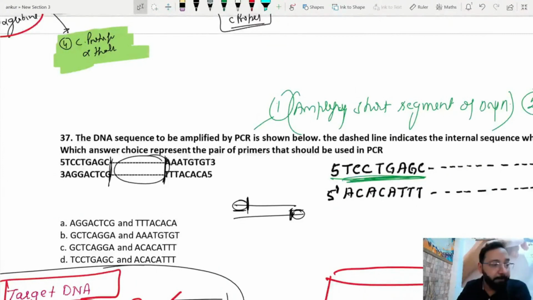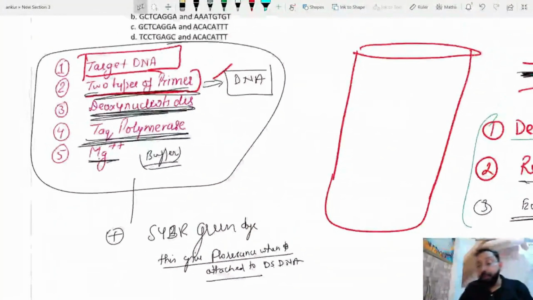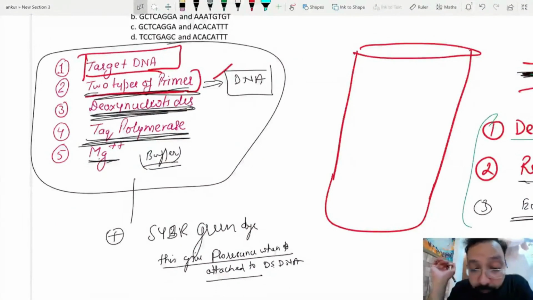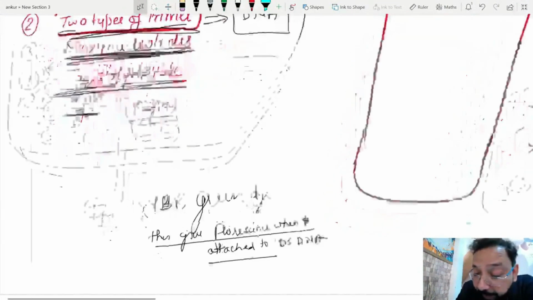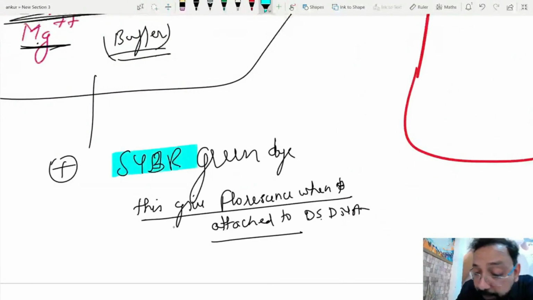If we don't know the flanking sequence, we can't do replication of DNA in PCR. So this is a limitation. Suppose PCR is not going on, that's why we always monitor the PCR in real time. What we added to this PCR, if I add one more thing, cyber green dye.